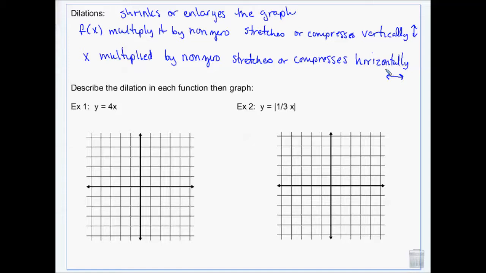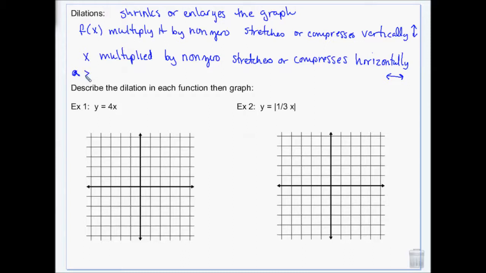Okay, so if you, hold on one second. If you multiply, so let's say a is the number I'm multiplying by.